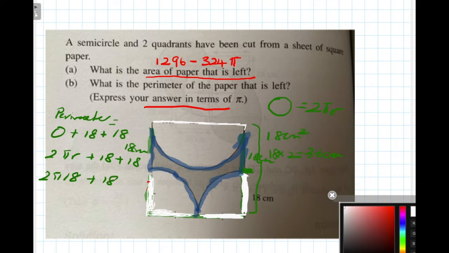So here is 2 times pi times 18, so it's different. You cannot add this 18 into this portion here. 2 times 18 will be 36 pi, plus 18 plus 18 will be 36. Okay? So this is centimeter. Understand? Because I need to add back this portion and this portion.